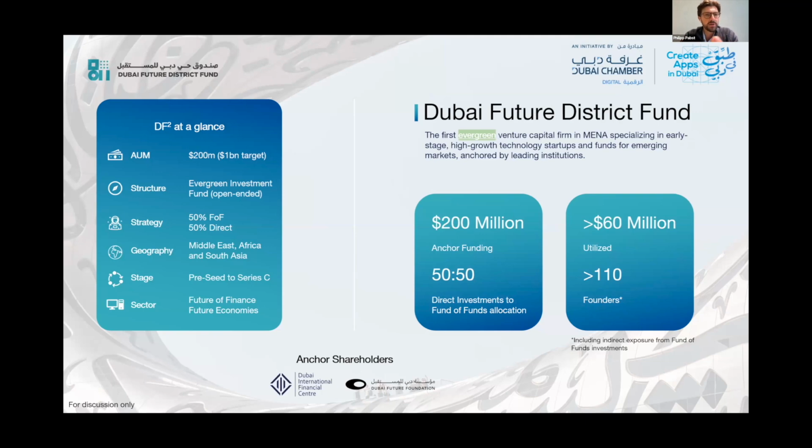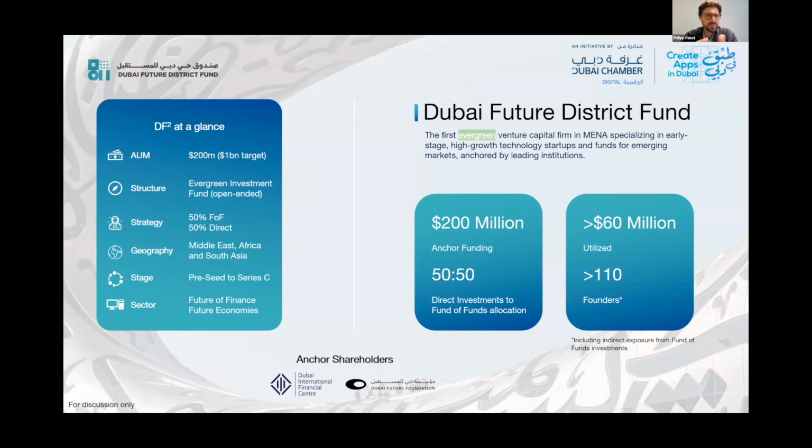So the Sheikh Al Maktoum, who announced this fund at the end of 2021, launched this vehicle with the intention to unify the investment activities that have sporadically happened across the government through one structured vehicle. And the reason why we need that is because the Dubai government has innovation at the top of its agenda for various reasons, unlike some other governments, which I personally got very excited about. So the innovators are being drawn into the market, but in order to execute and to start scaling their businesses, there was a big funding gap for us to fill.